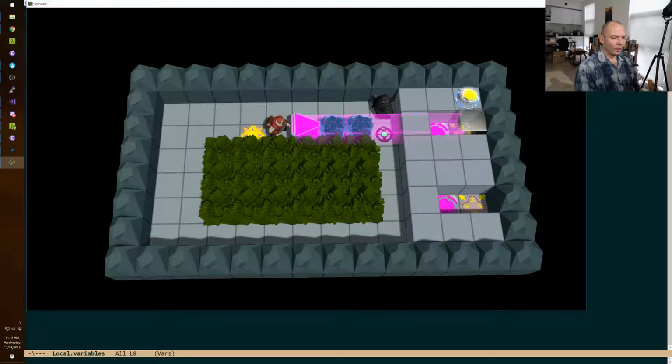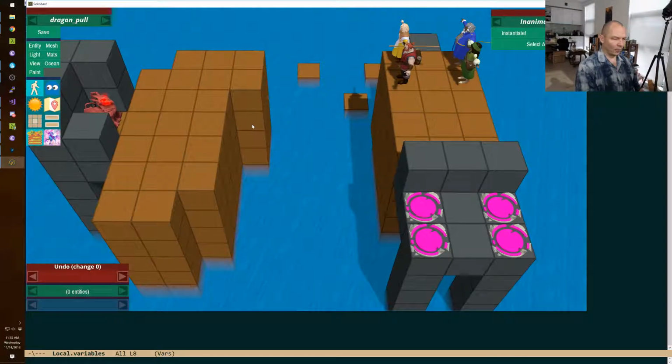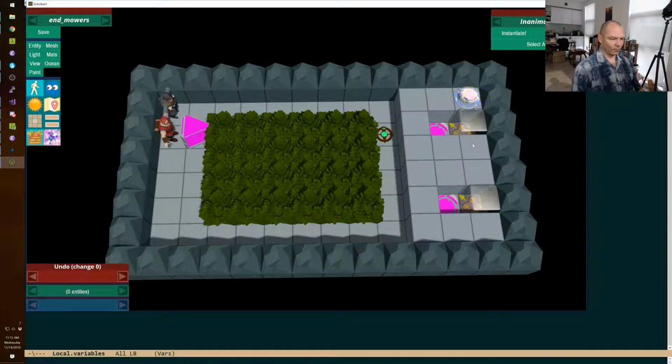Why is one force field gate closing and the other one isn't? I need to investigate whether that's a graphical problem. No. Okay, that's jacked. It's not supposed to be possible.